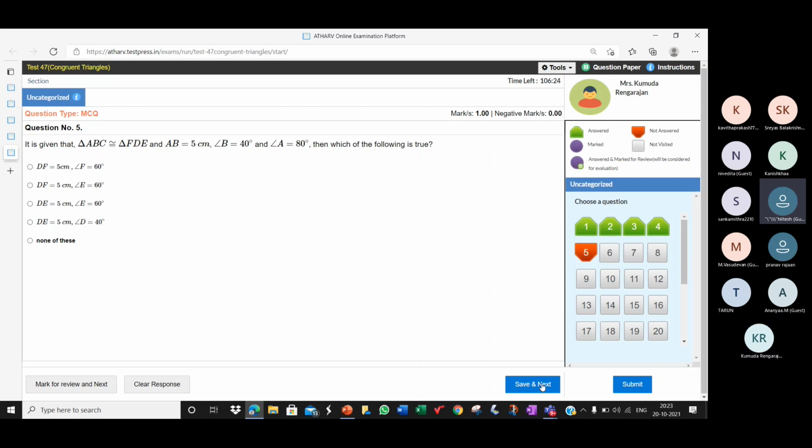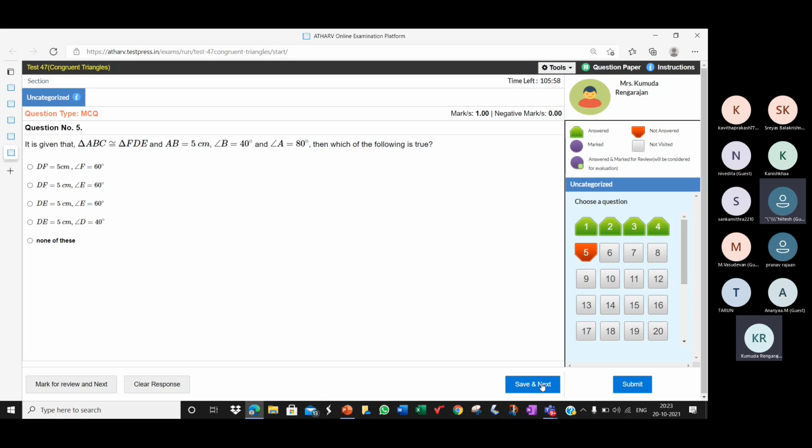Ma'am, DF is equal to 5 centimeters and angle E is equal to 60 degrees, ma'am. So if AB is 5 centimeters, then which is the corresponding side in the other triangle?